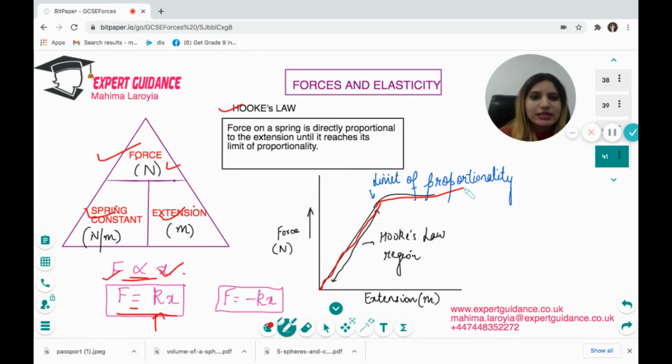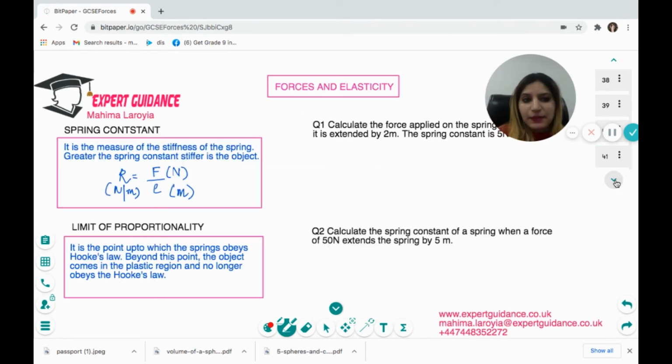At this point, the body has lost its elasticity, and after this, it will not obey Hooke's law and will not come back to its original shape. So Hooke's law is only obeyed until the elastic limit of the object is reached. This is what you need to remember: force is directly proportional to extension up to the limit of proportionality or the elastic limit.